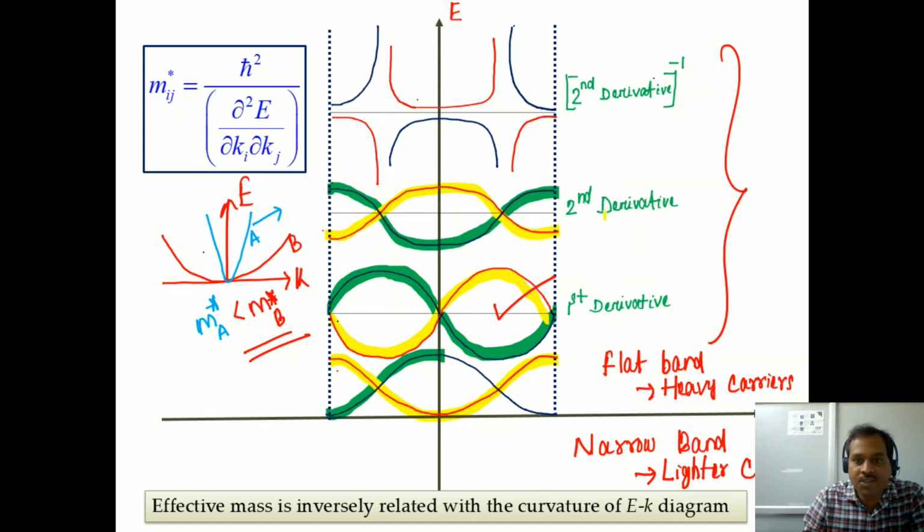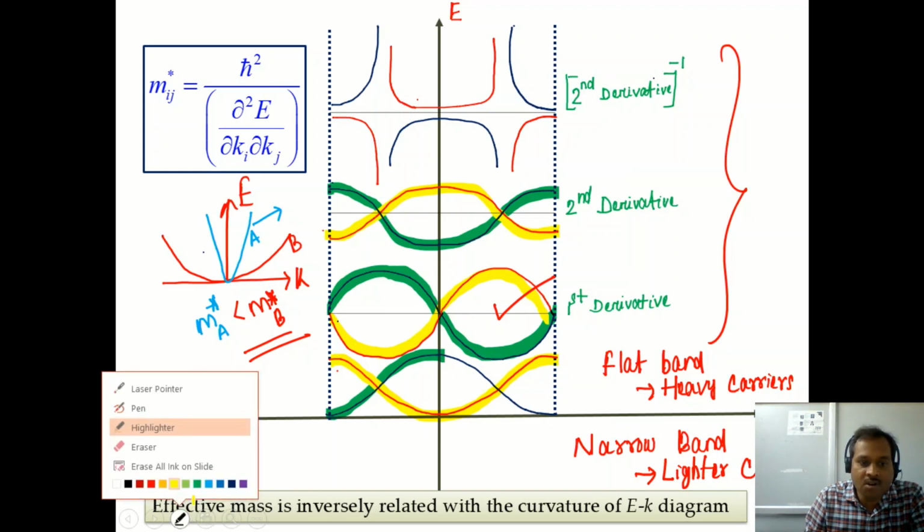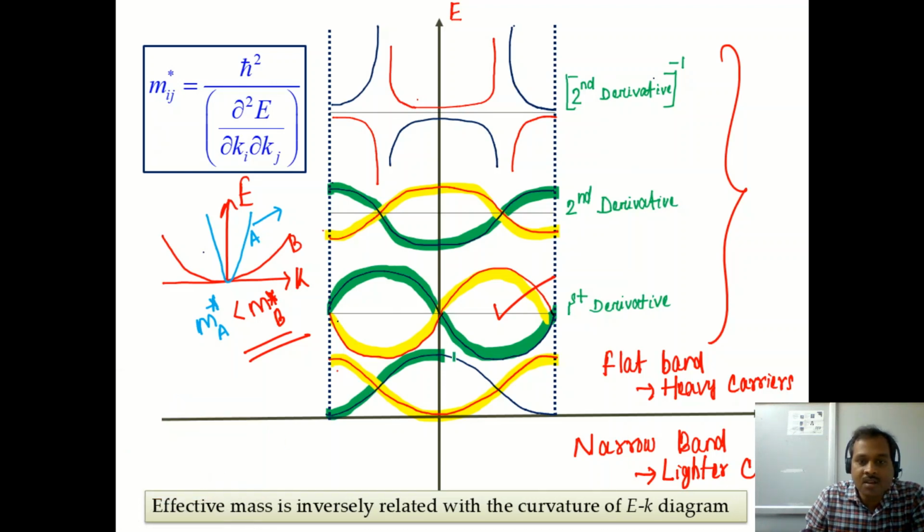So this is actually the curvature of the EK diagram for these two bands. Now curvature is not directly related with the effective mass, rather it is the inverse of the curvature, the reciprocal of the curvature, right?